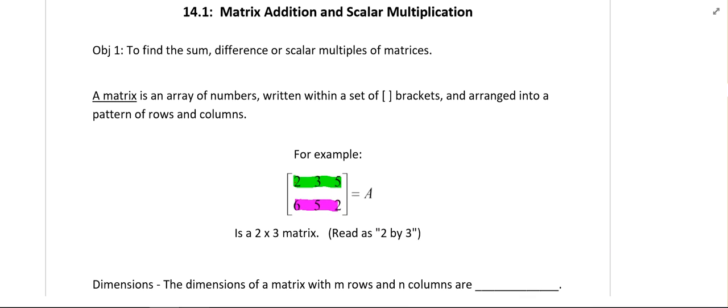This particular matrix has what's called 6 elements in it. Those are the different entries. It has 3 columns, 1, 2, 3, and 1, 2 rows. So that's where this 2 by 3 is coming from.